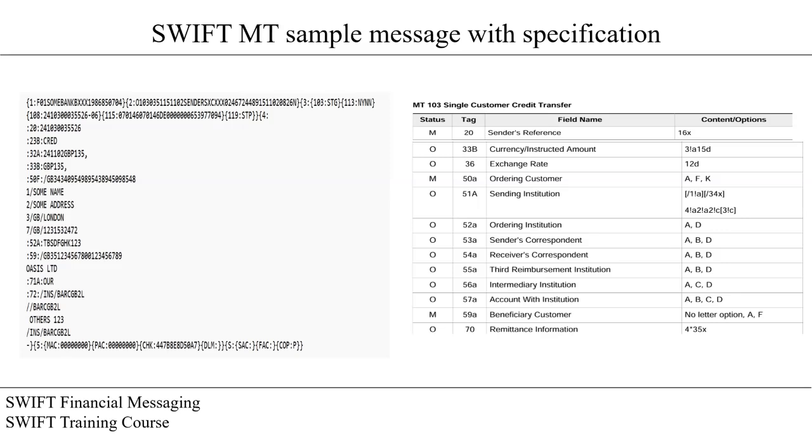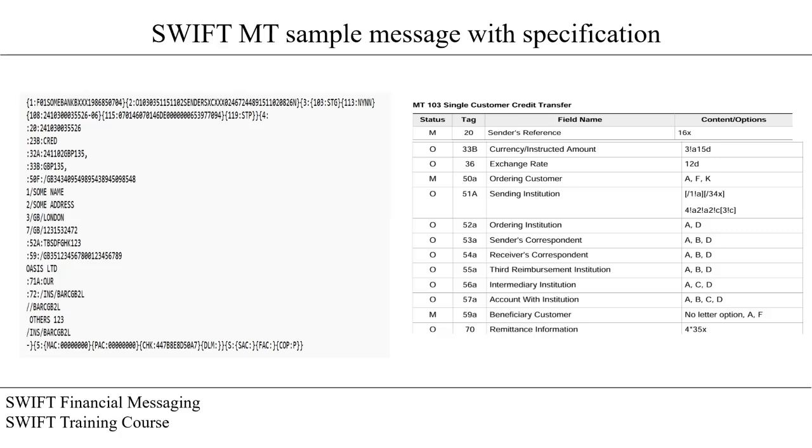Swift MT sample message with specification. On the left hand side is the actual MT message, and on the right hand side is the specification for that message type. As it is an MT103, we have the spec, which is the different fields and their format specific to that message.